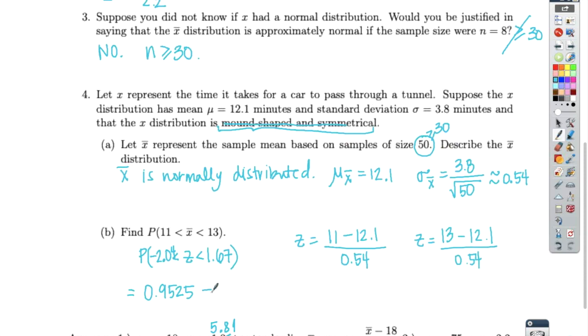That's the larger area. And then on the other side of the table, negative 2.04 is 0.0207. And I will subtract those to get my final answer, 0.9525 minus 0.0207, and I found 0.9318.